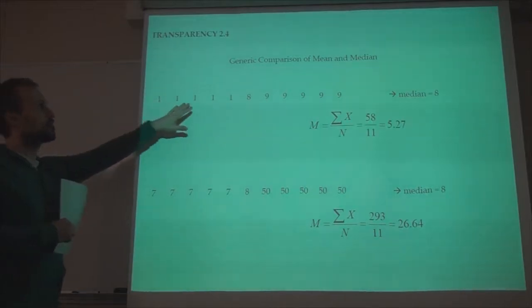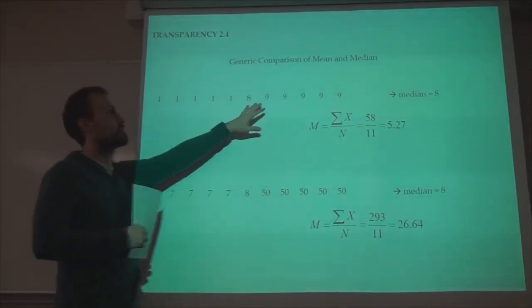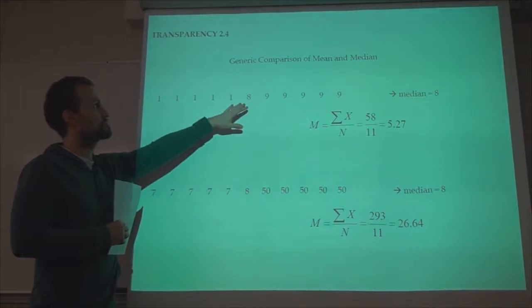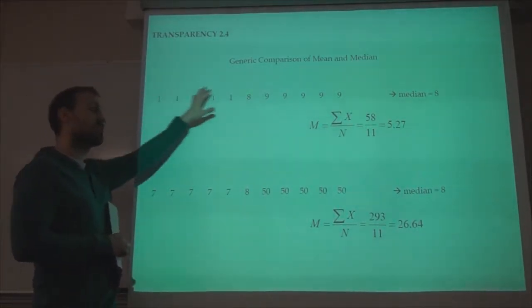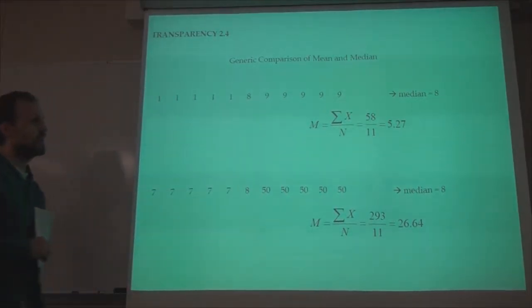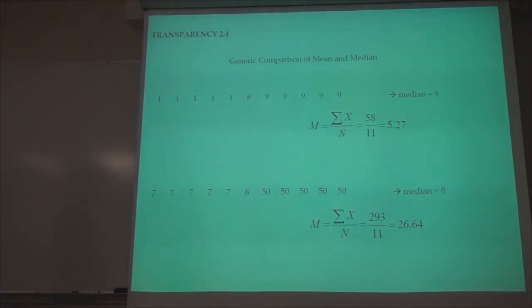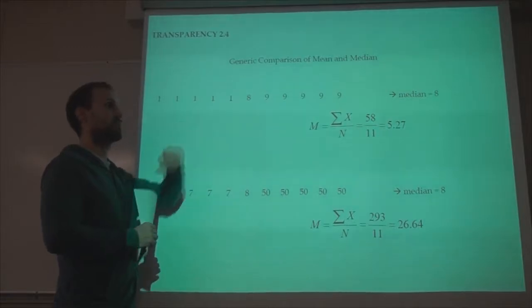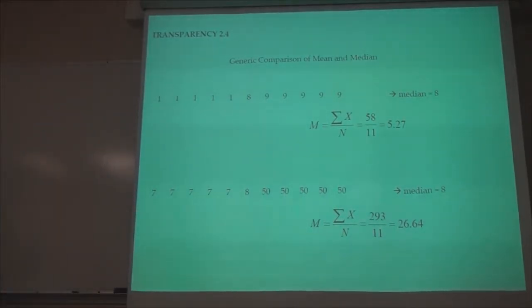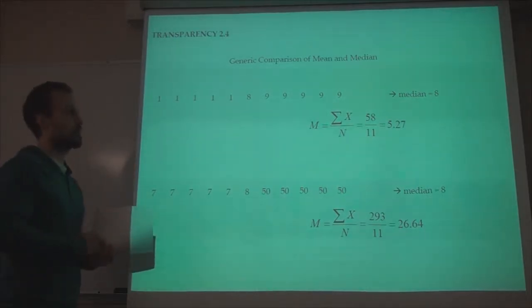And I have a bunch of low scores and a bunch of high scores, and then one in the middle. The average is going to look at all of them and give me the average, which would be 5.27. The median would simply rank them and look at the center value, which is A. So if I have extreme values on either side, the median and the mean could differ quite a bit.